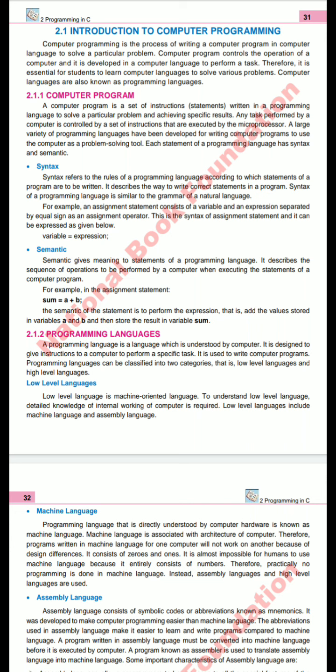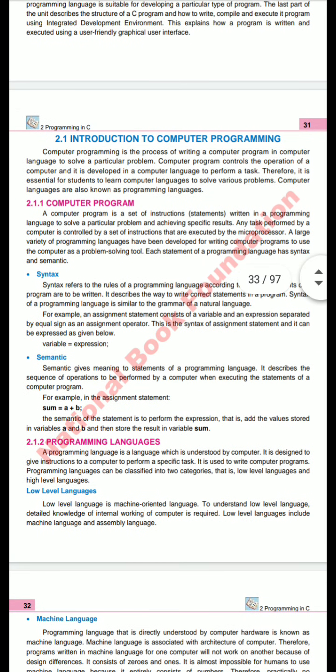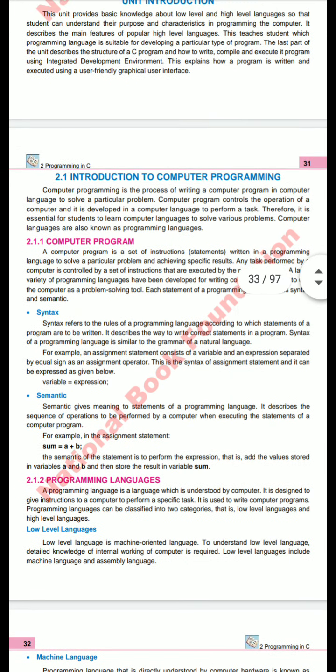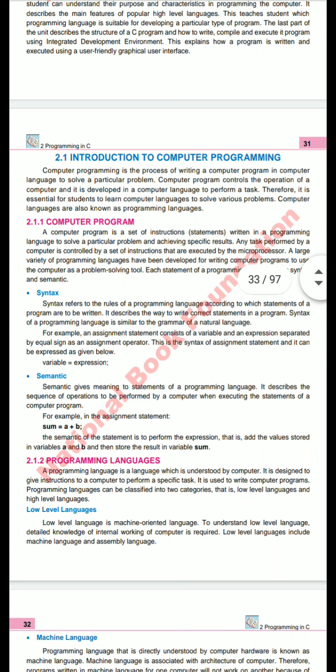Each statement of a programming language has a syntax and a semantic. Dear student, there are two basic things: number one is syntax and number two is semantic. Syntax refers to the rules of a programming language according to which the statements of a program are to be written. In other words, by following these rules we can make any program.